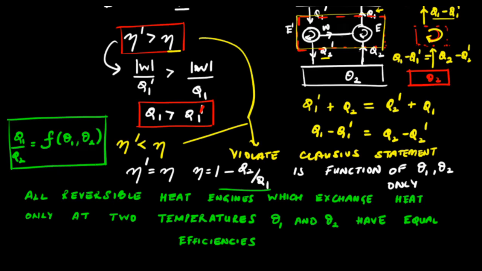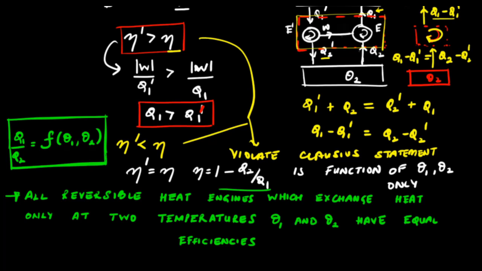Here this function f denotes a universal function which is independent of the working substance and the design of the heat engine. So in the next lecture, we're going to use this statement, which is expressed mathematically as this equation, to arrive at the absolute thermodynamic scale of temperature.